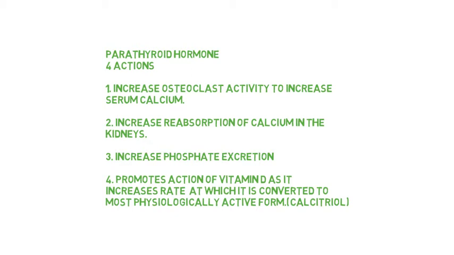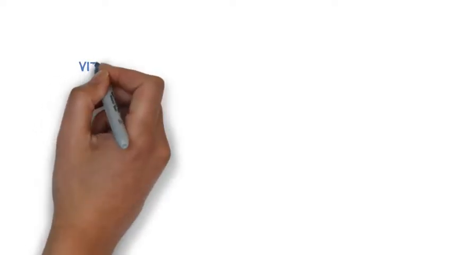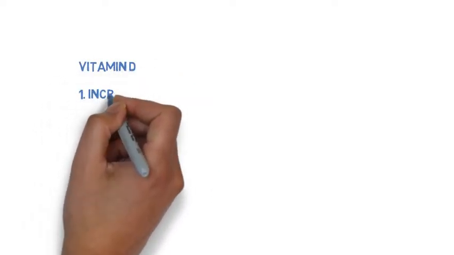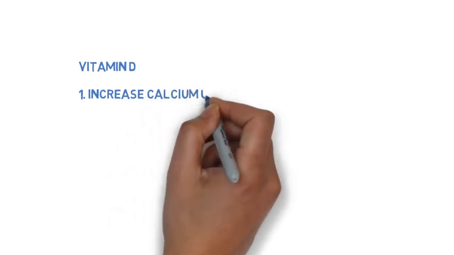So it increases the phosphate excretion. And it promotes the action of vitamin D, and vitamin D is important as it can be used to increase the calcium levels. It does this by increasing the rate at which vitamin D is converted to its most physiologically active state.